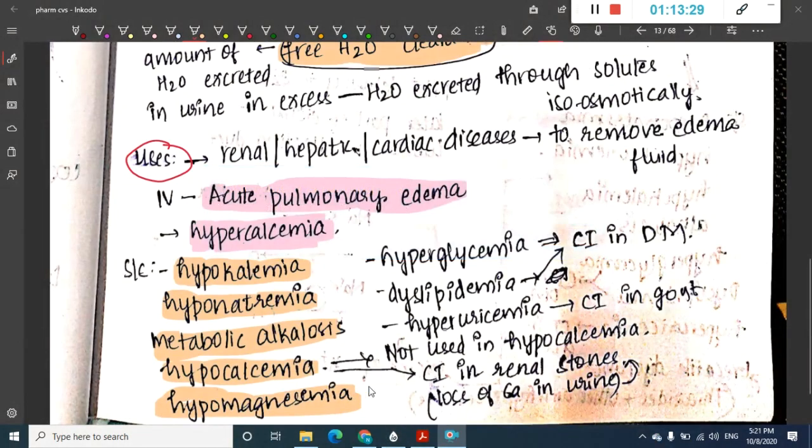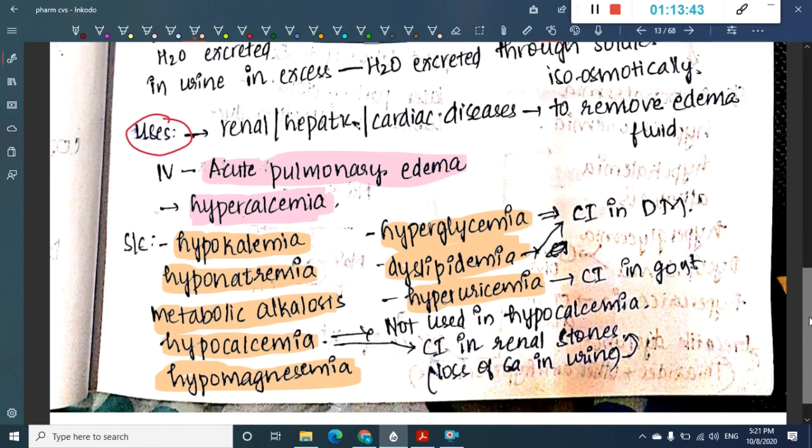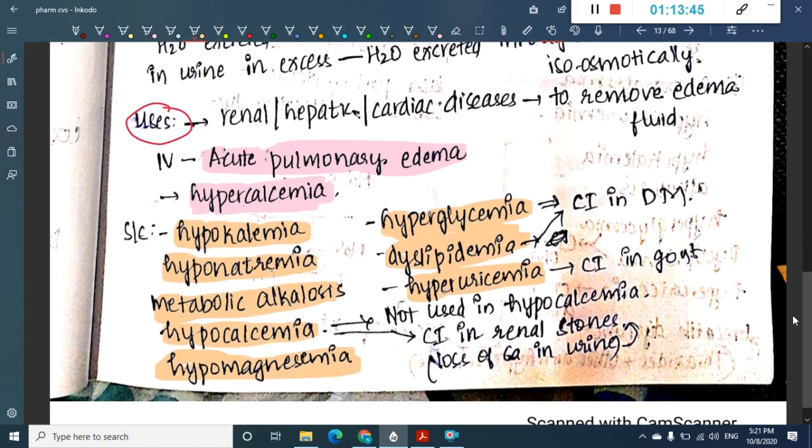It also causes hyperglycemia and dyslipidemia, so this drug is contraindicated in diabetes mellitus. It causes hyperuricemia, so it is contraindicated in gout.